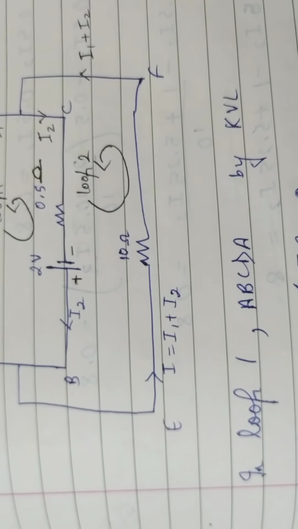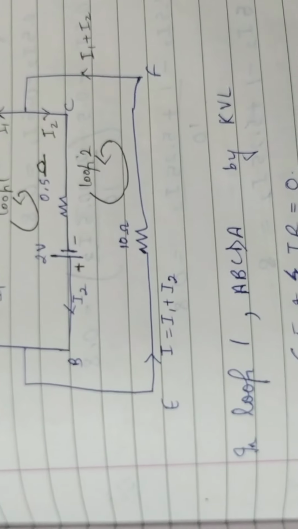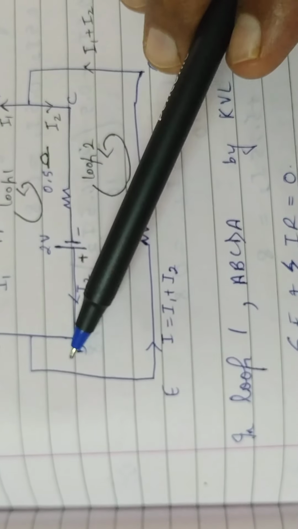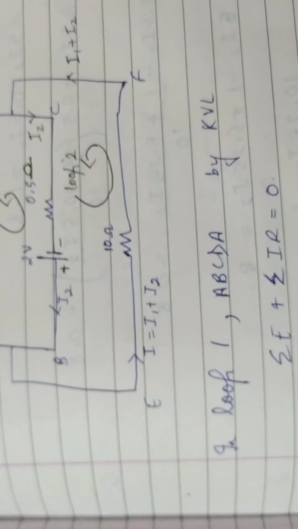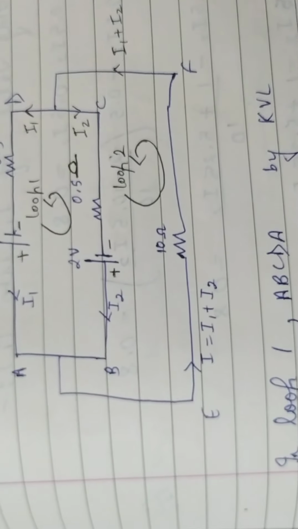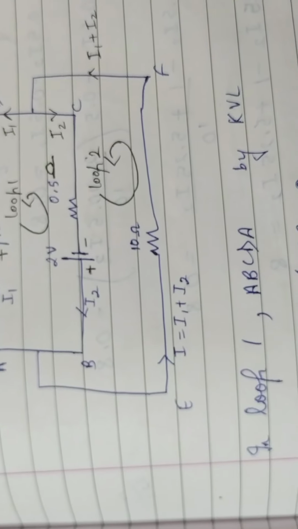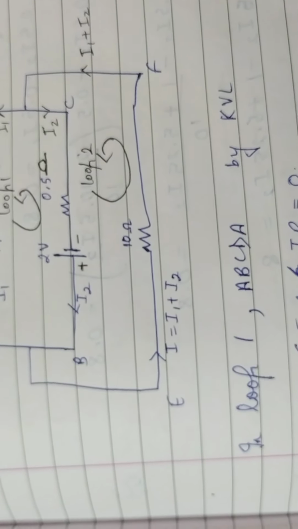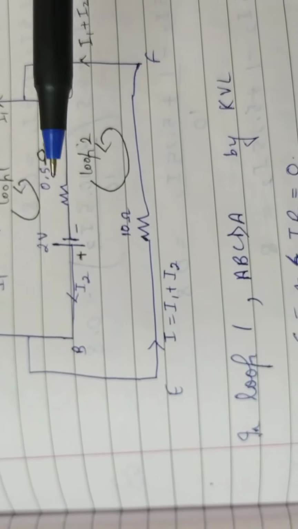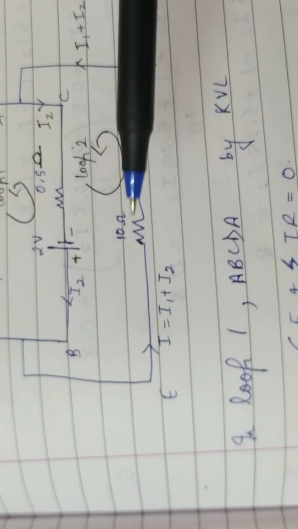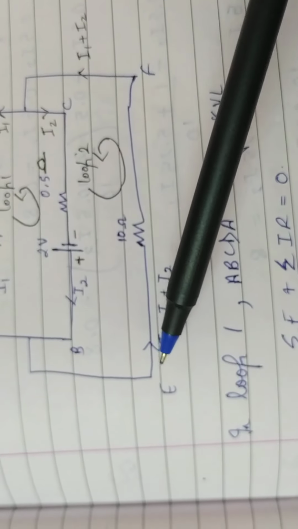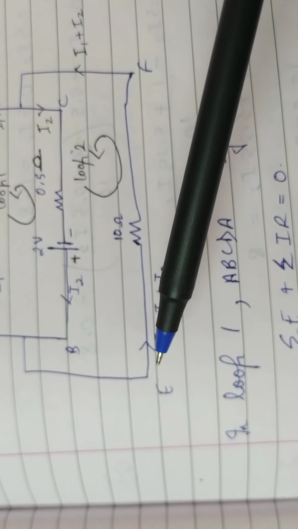Now consider loop number 2: B, E, F and then C, and then from C to B. This is loop number 2. When we traverse from B to E, there is no EMF source.